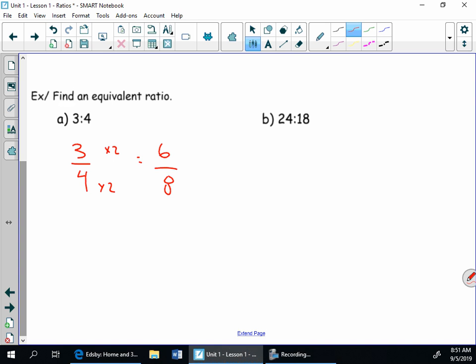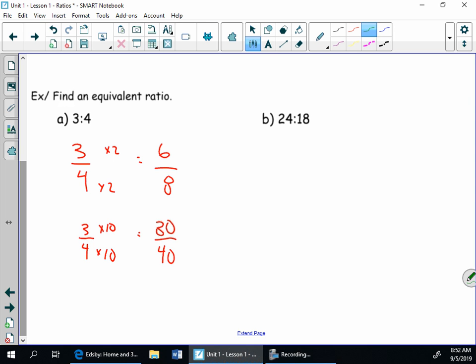That's an equivalent ratio, a different version of 3 to 4. I don't have to choose times 2. I could pick another number if I wanted to. I could times it by 10. That's a nice number to multiply by. That's 30 over 40. Any factor you want, any number you want, just make sure you multiply the top and the bottom by it.